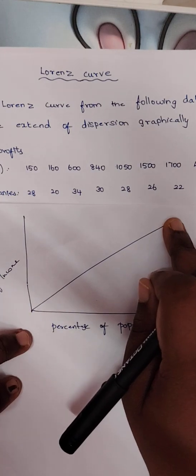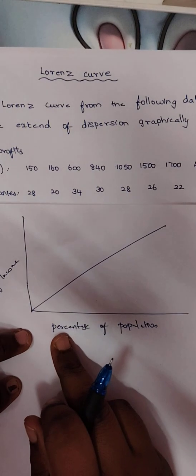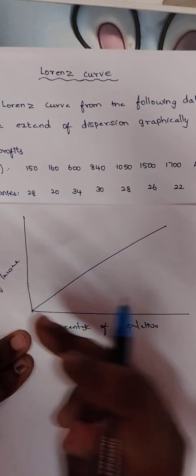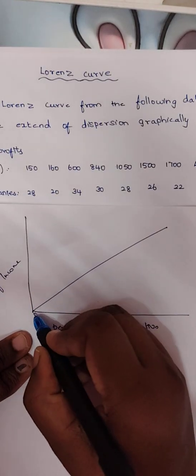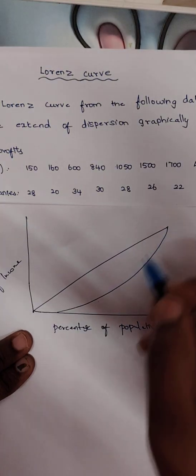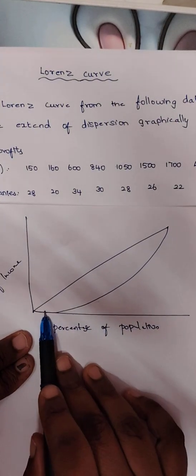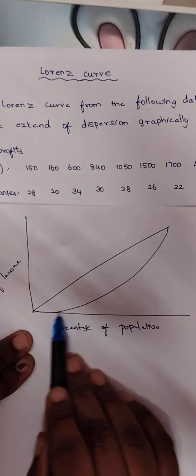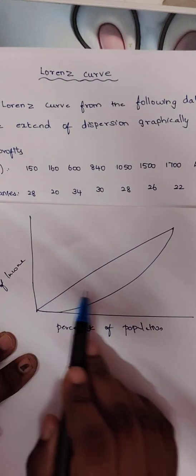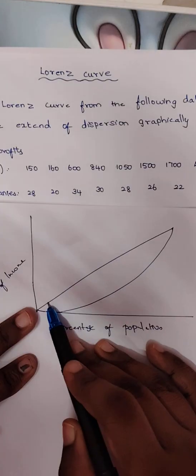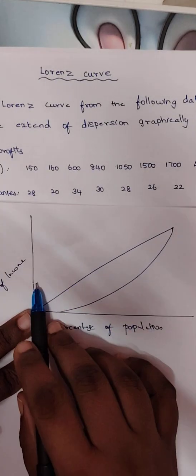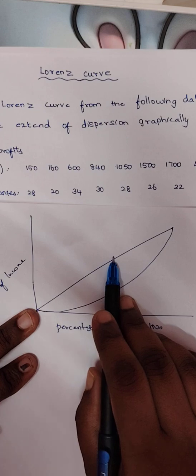On this line of equality, we need to check the percentage of population against the percentage of income, and we'll plot a graph. The plot will be like this. So this graph is my percentage of population against my percentage of income. You can see that there is a variation. Line of equality means the percentage of population should be equal to the percentage of income, right?